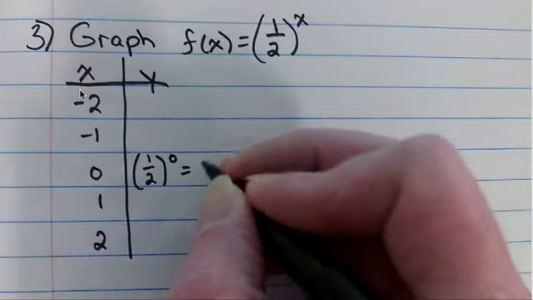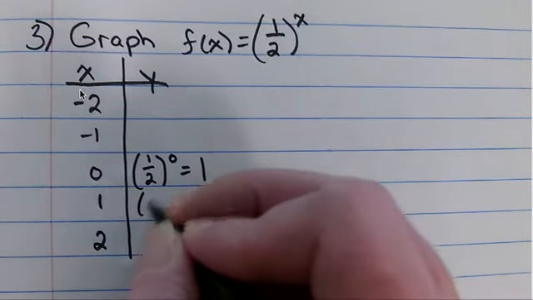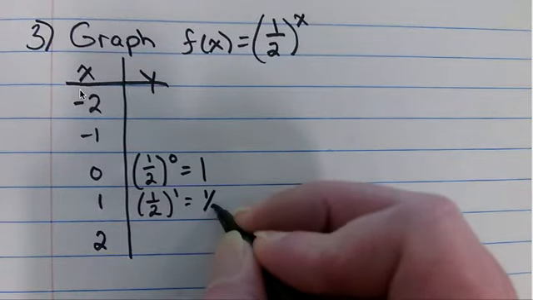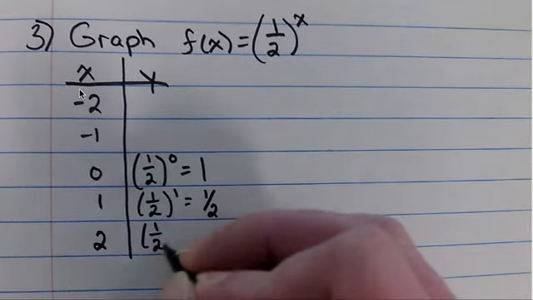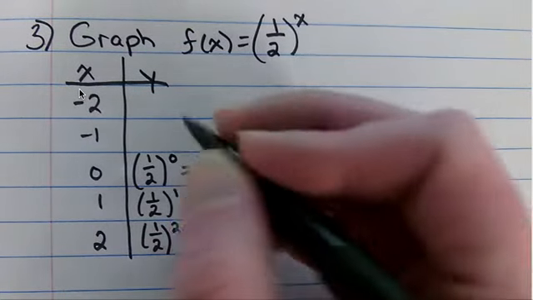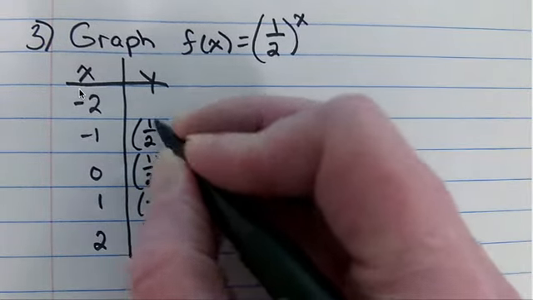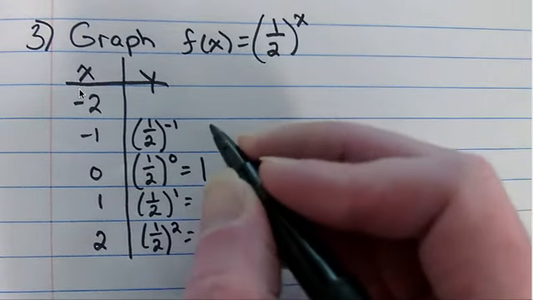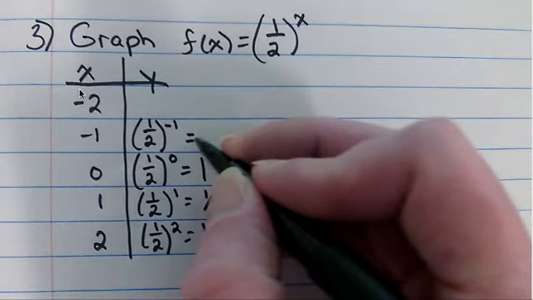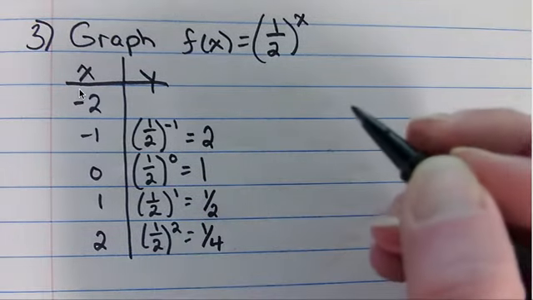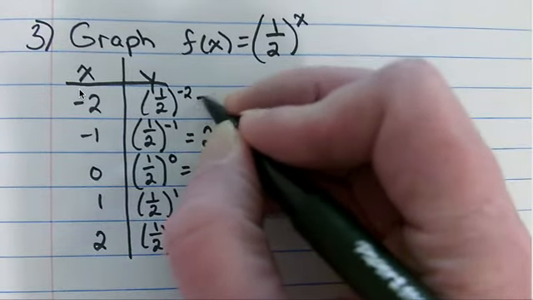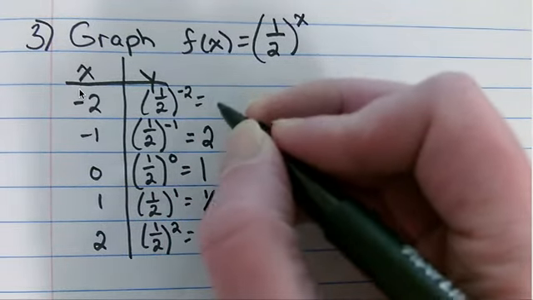Well, anything to the 0 power is 1. 1/2 to the first power is going to be 1/2. 1/2 squared is 1/4. But what happens when I go backwards? 1/2 to the -1 is actually going to flip it. It's going to turn it into a 2. And then 1/2 to a -2 is going to flip and become a 4.